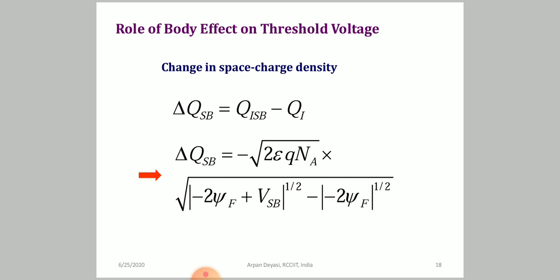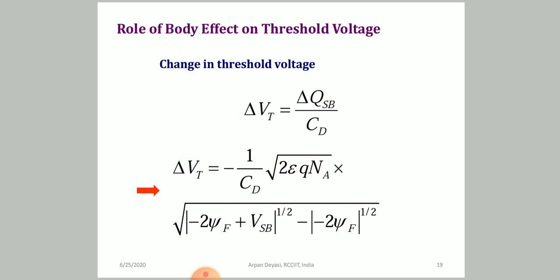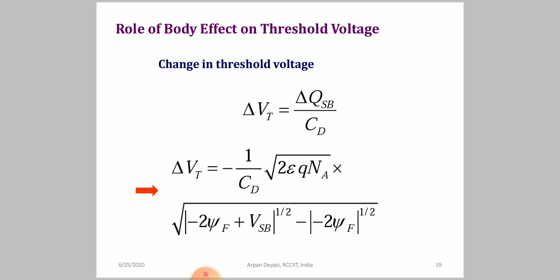Then what will be the change of the space charge density or the charge? It will be a delta function, so you have to subtract them, and if you subtract, this will be the expression. Obviously, I will discuss the body effect coefficient related to this later, but not in this lecture. What I am showing is that it depends on these factors, and the change of threshold voltage will be delta QSB by CD.